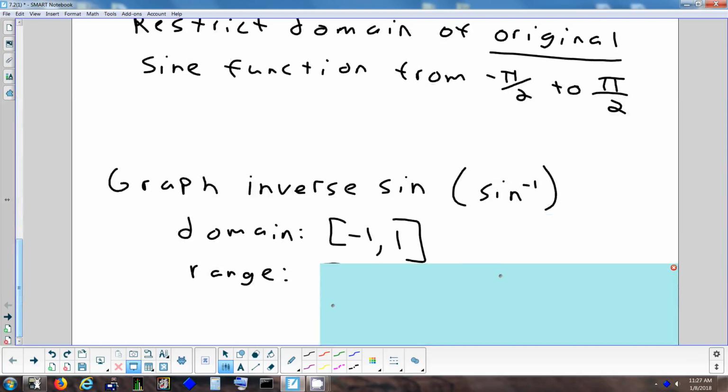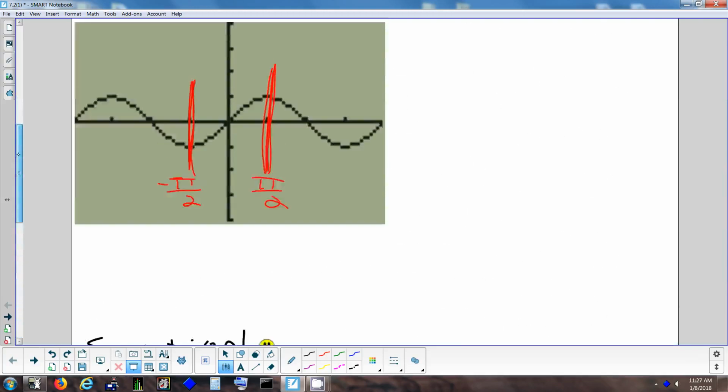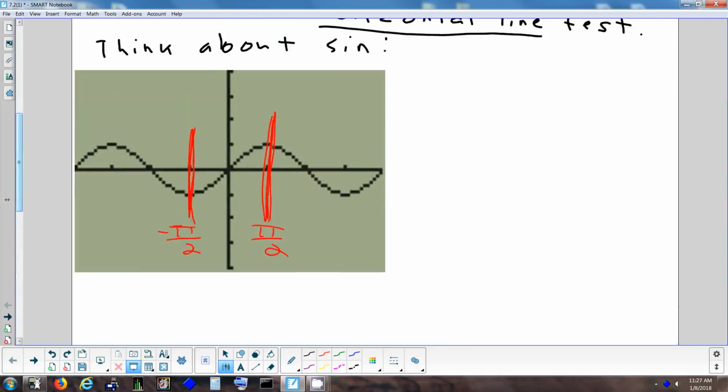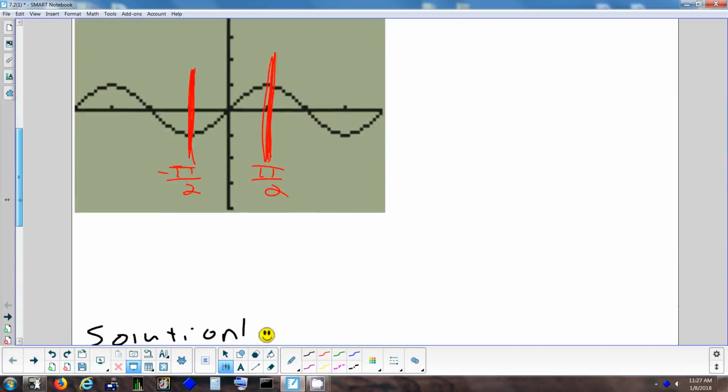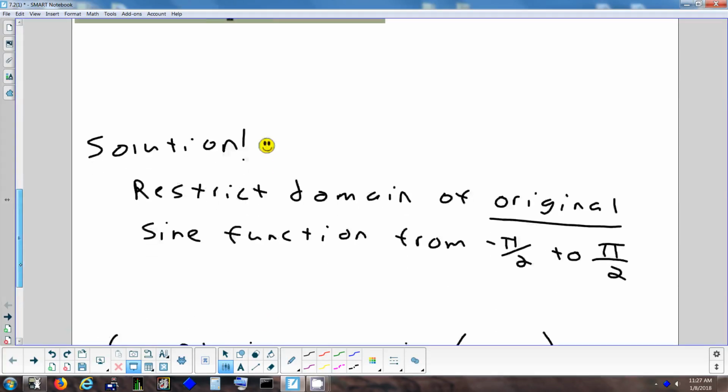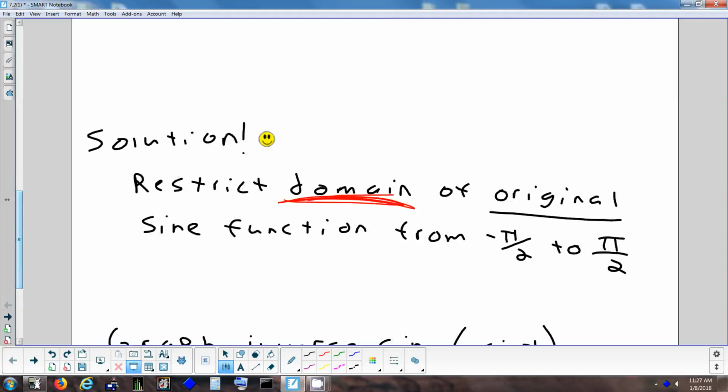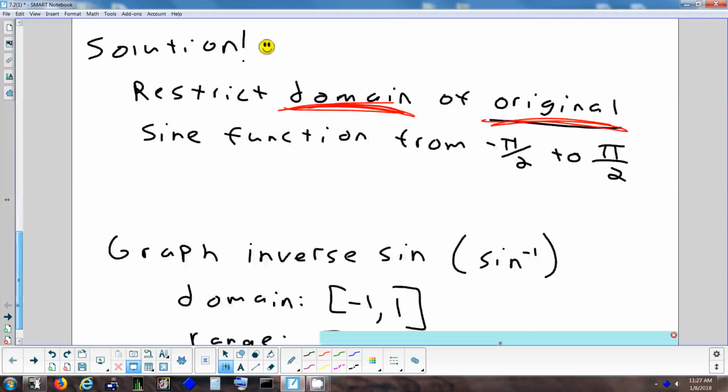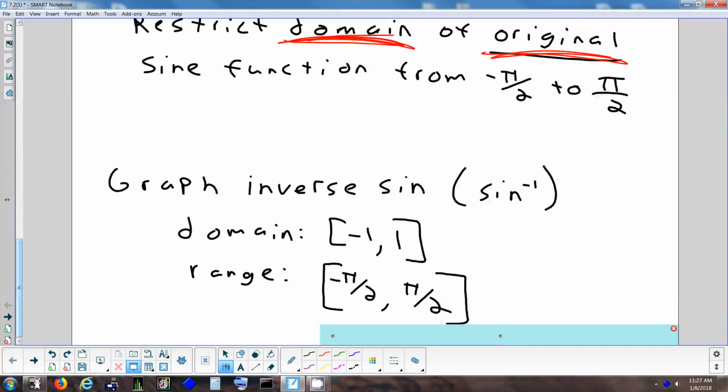Okay, let's go back up again. Let's look at the original. In the original, the domain is -π/2 to +π/2. What do you think that's going to become in the inverse? That's going to turn into the range. So -π/2 to π/2 is the domain of the original, which is going to be the range of the inverse.